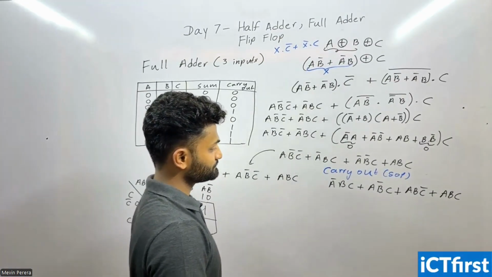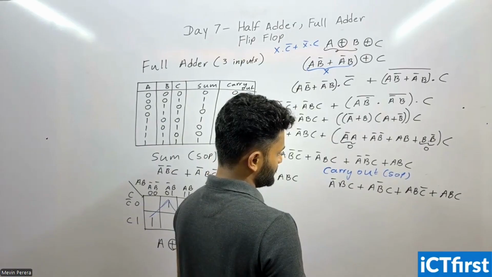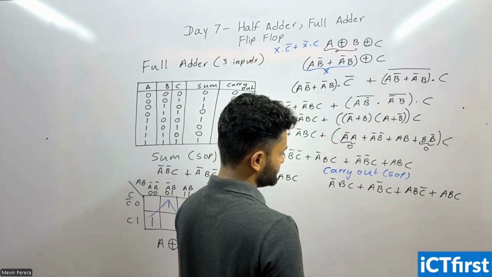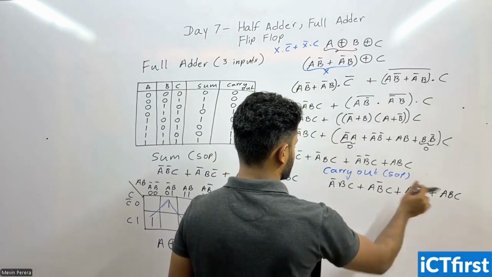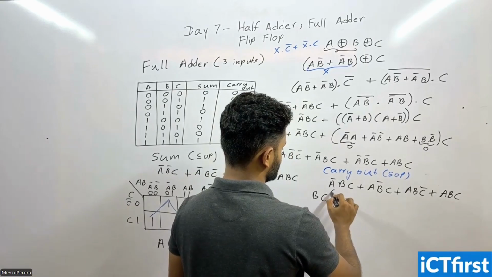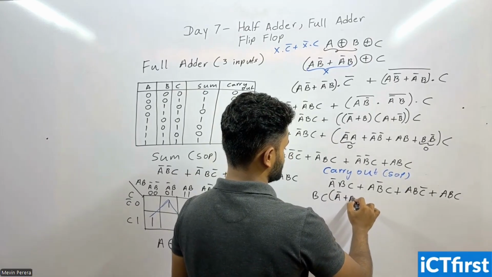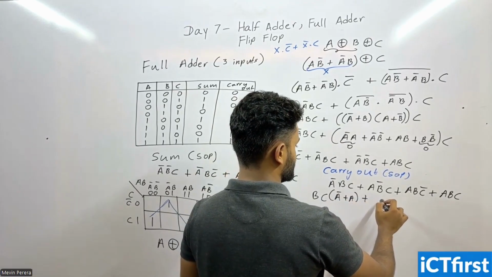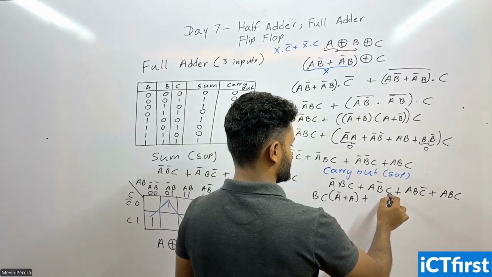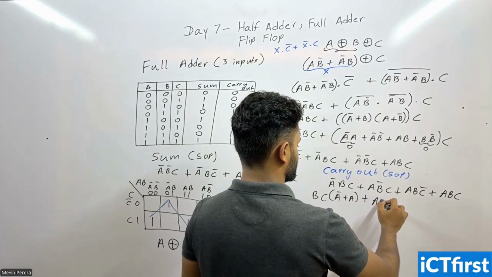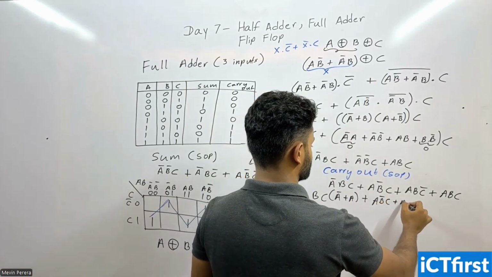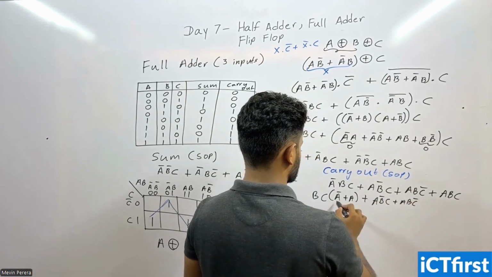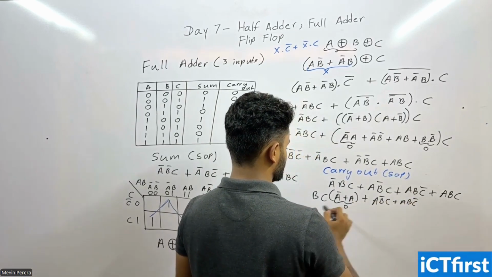Okay, now what I'm gonna do is take BC out, A bar plus A. Then here, can we take anything out? No, right? This is 0.